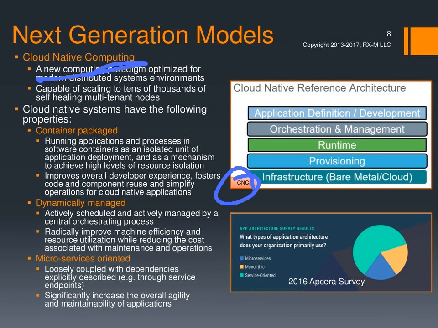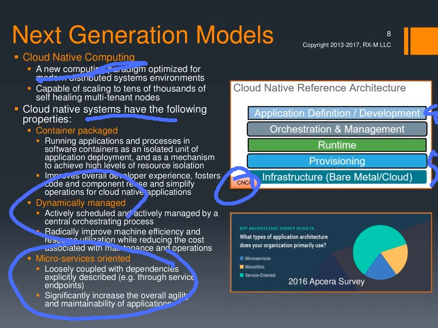So these guys created a reference model to help people kind of get their heads around the different layers, and they also created some high-level definitions of cloud native systems. And cloud native systems are composed of microservices. So microservices being dynamically managed, whether it's through Marathon on Mesos or Aurora on Mesos or Swarm on Docker or Kubernetes or what have you.